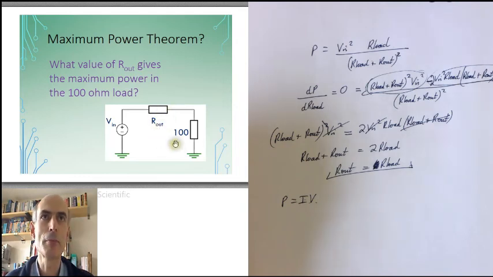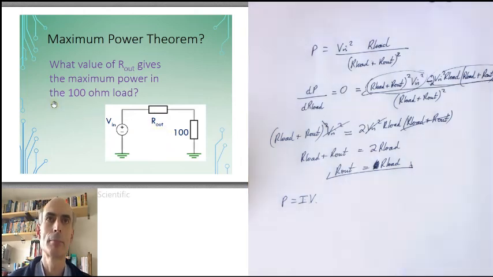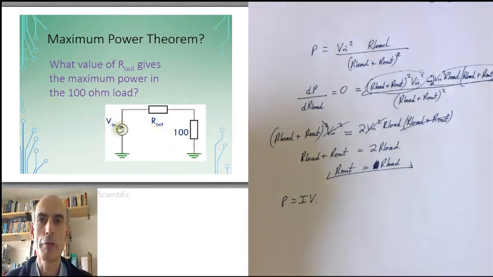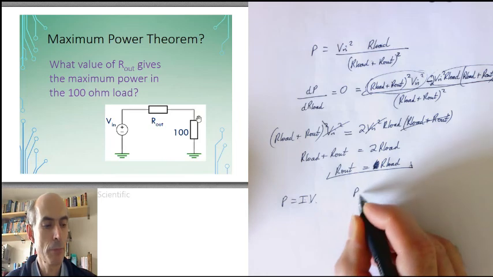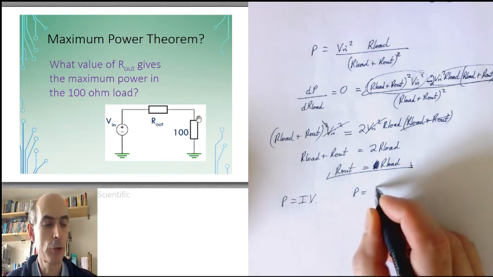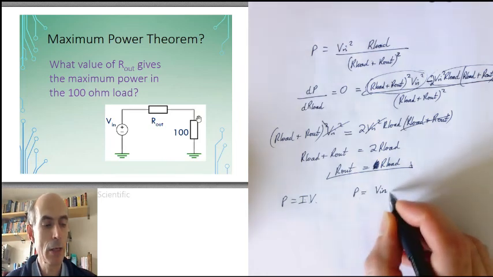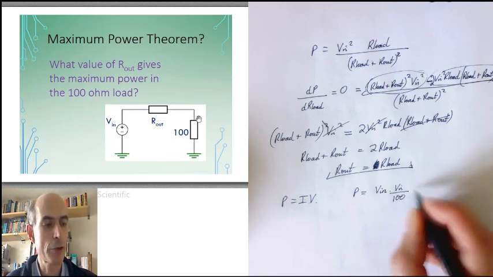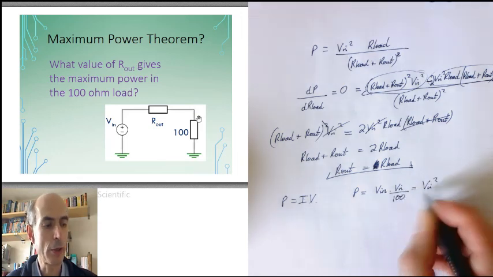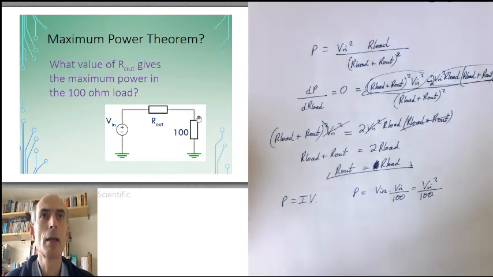In this case, the optimum solution is to pick a value of R out of 0, because then all of the voltage V in appears across the 100 ohm resistor, and the power output would just be the voltage across the resistor times the current through the resistor, which would be V in over 100, or just V in squared over 100.